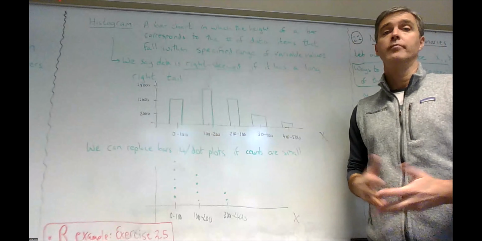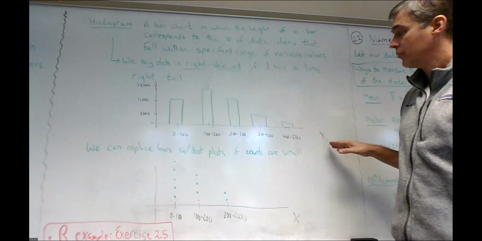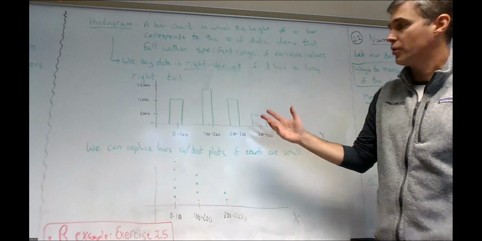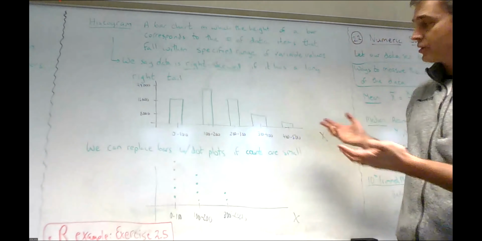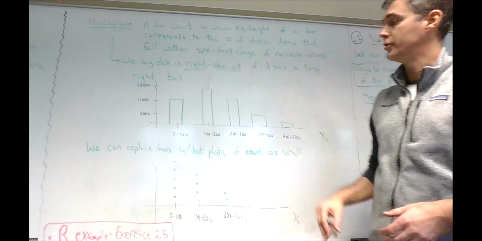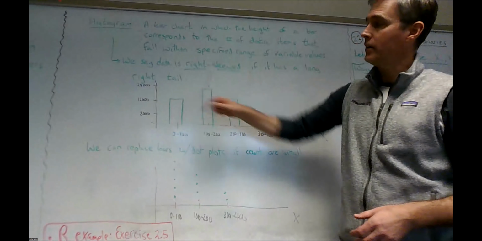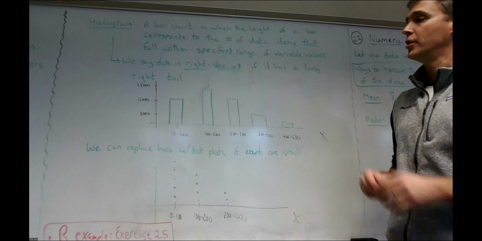So here's an example of a histogram. I have a variable X that's numerical in nature. Apparently there are values from 0 to 500 that are recorded, and I'm just going to group them into categories, the 0 to 100 category, the 100 to 200, et cetera. The height of each category tells me how many entries there are within that zone.